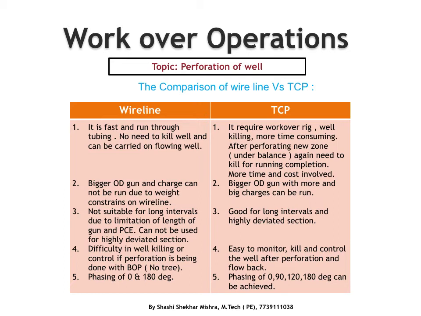This is more time consuming and more costly, and it is also formation damaging because we have to kill the well, so we also have loss of production. But there are other advantages of TCP which we see in the next point.